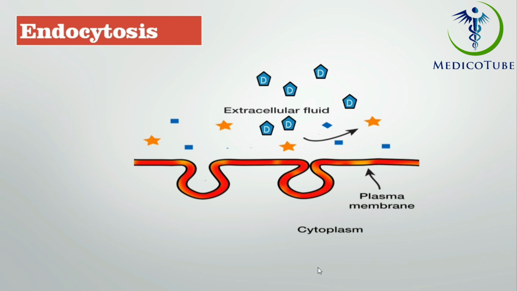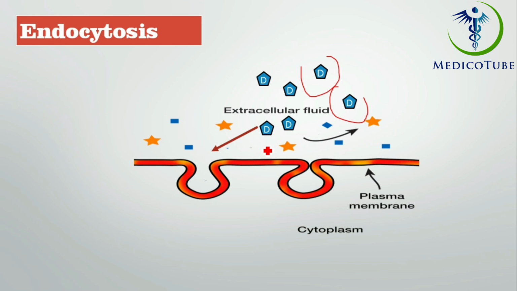Now we will see the next one, endocytosis. This type of absorption is used to transport drugs of exceptionally large size across the cell membrane. Endocytosis involves the engulfment of the drug by the cell membrane and transport into the cell by pinching off of drug-filled vesicles. Let's see the mechanism. These are the drug molecules in the extracellular fluid, and this is the cell membrane.